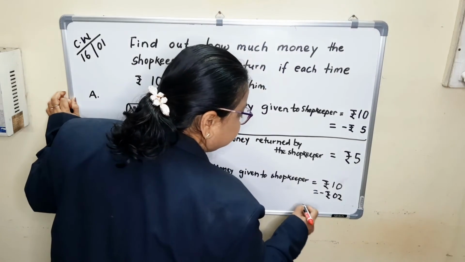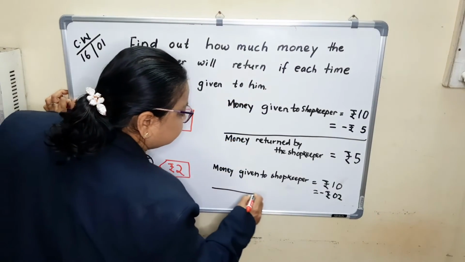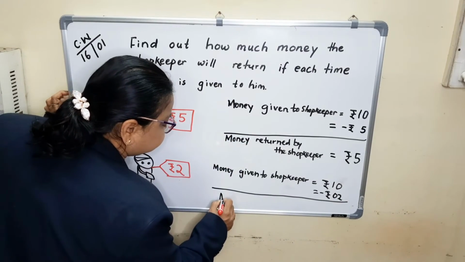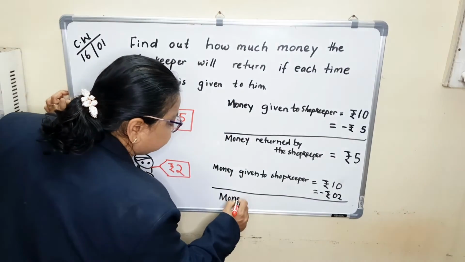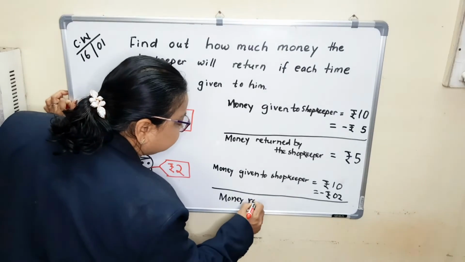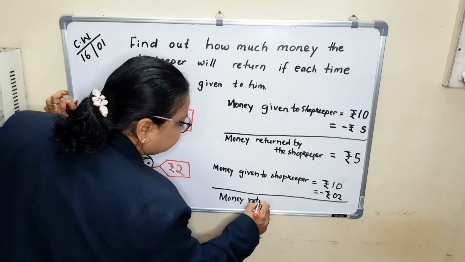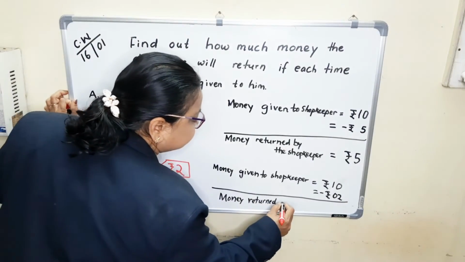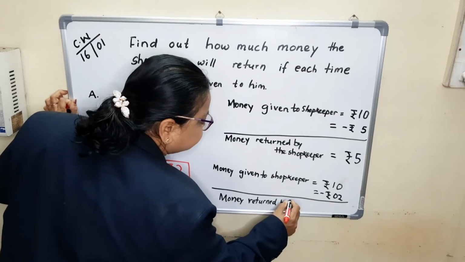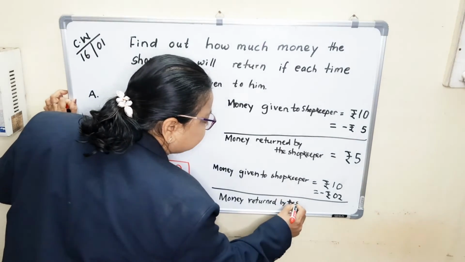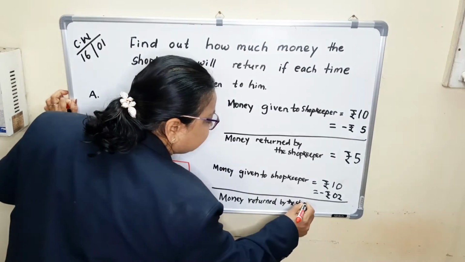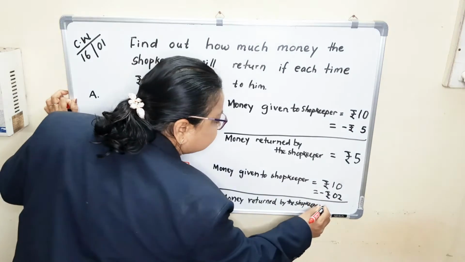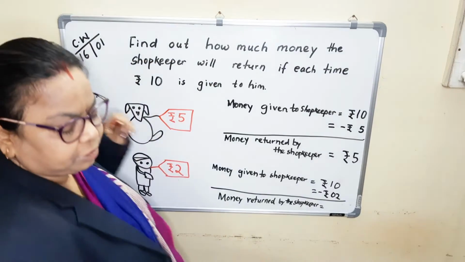Okay children. Then you see, money returned by the shopkeeper is equal to, children, 10 minus 2.